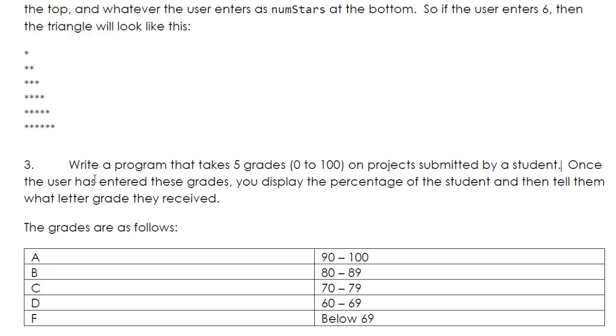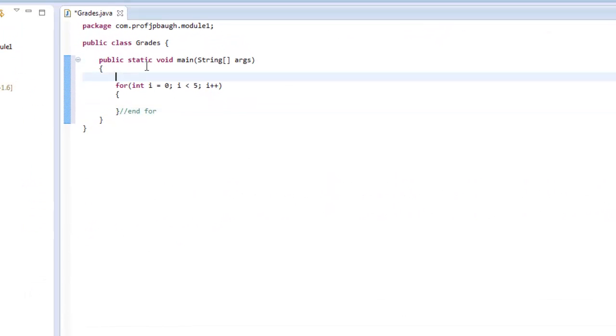And once the user has entered these grades, you display the percentage of the student and then tell them what letter grade they received. So these percentages here, this one should be 60, not 69. These percentages here are based on their total divided by the total number of grades that you entered, which is 5. So we know that we need a variable to keep track of the user's input.